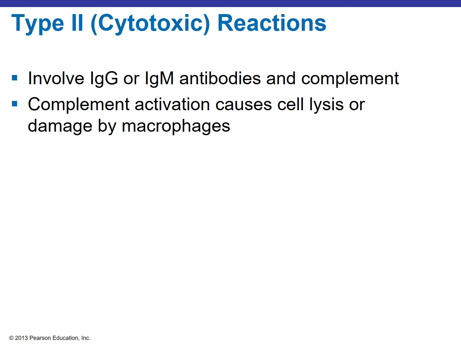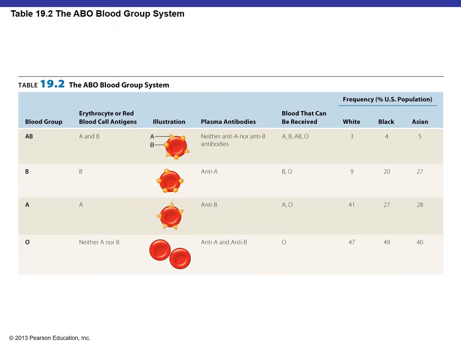So complement would induce lysis of a cell, okay, and that would cause damage. The most common type of these type 2 cytotoxic reactions would be transfusion reactions. Okay, so this is looking at how the transfusion reactions would work.